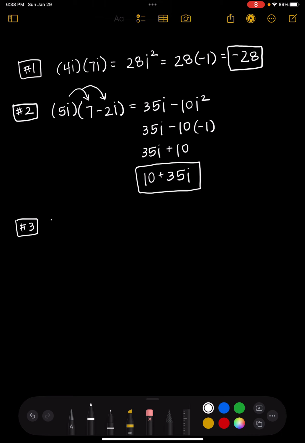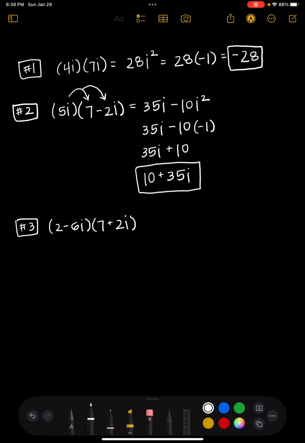For the third example, we have 2 minus 6i times 7 plus 2i. Now, you have two complex numbers here, and it looks really similar to something that, if you had variables in here instead of imaginary numbers, you would have to FOIL.